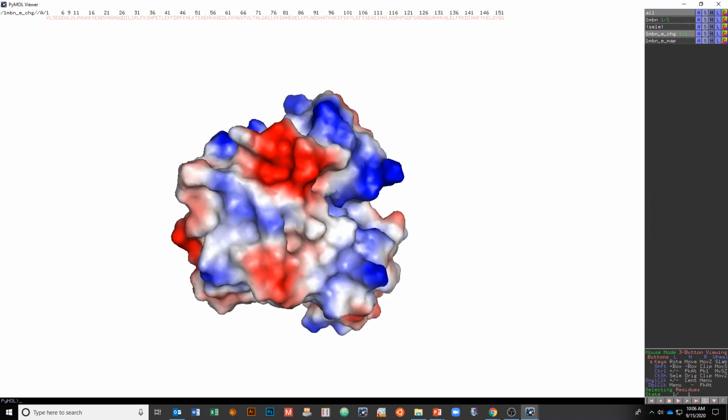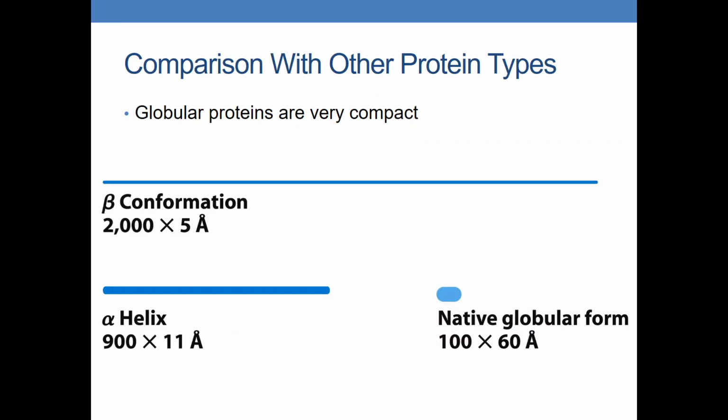Now we can move back over to the discussion of protein structure. I just told you that myoglobin is a very compact protein. It adopts a three-dimensional structure wherein all of its constituent parts are packed into a very compact three-dimensional arrangement.